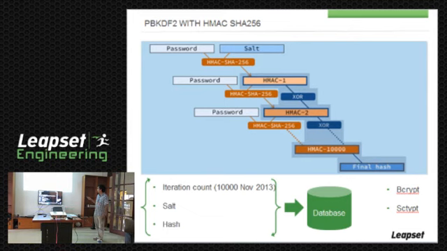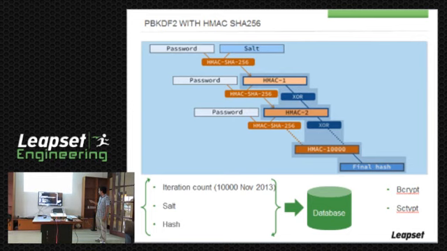It combines these two and creates another hash value. Then at the next step, it takes this hash value and the password and creates another. It's doing this all the way. The number of such stages we can configure. At the end, it is going to XOR all these intermediate outputs and then create the final hash.